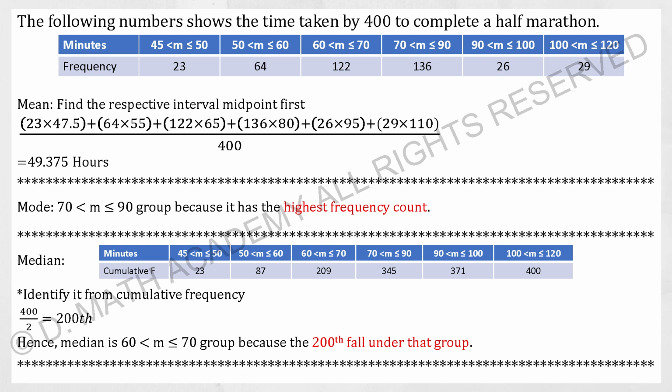I'm using cumulative frequency: we got 23, 87, 209, 345, 371, and 400. And the 200th student will fall under the group m less than or equal to 70 and more than 60.